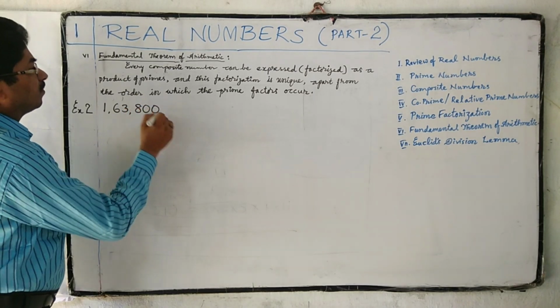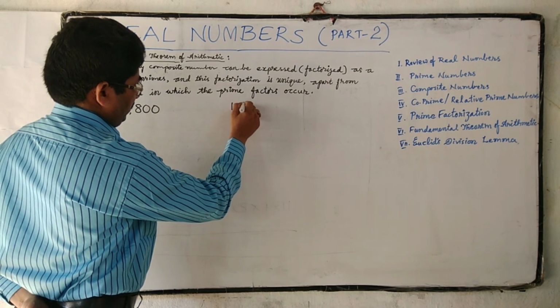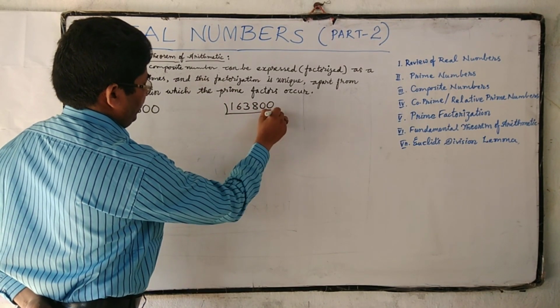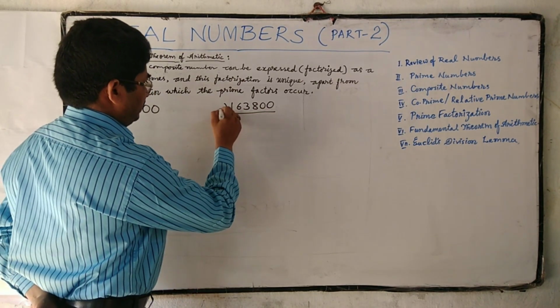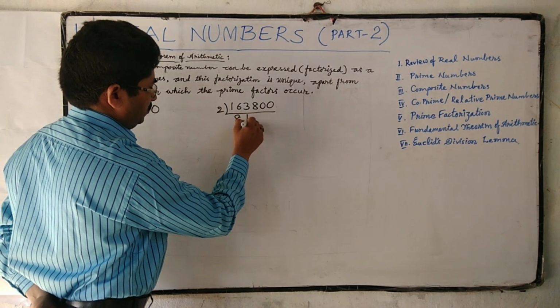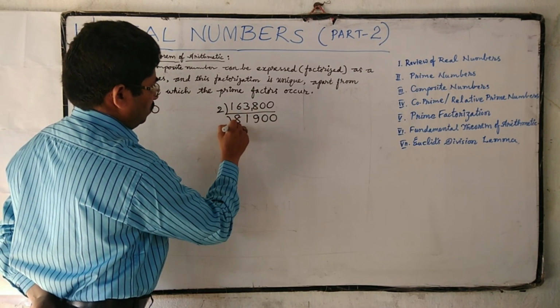1,63,800. It's an even number, exactly divisible by 2. 2 8s are 16, 2 1s are 2, 2 9s are 18, 0.